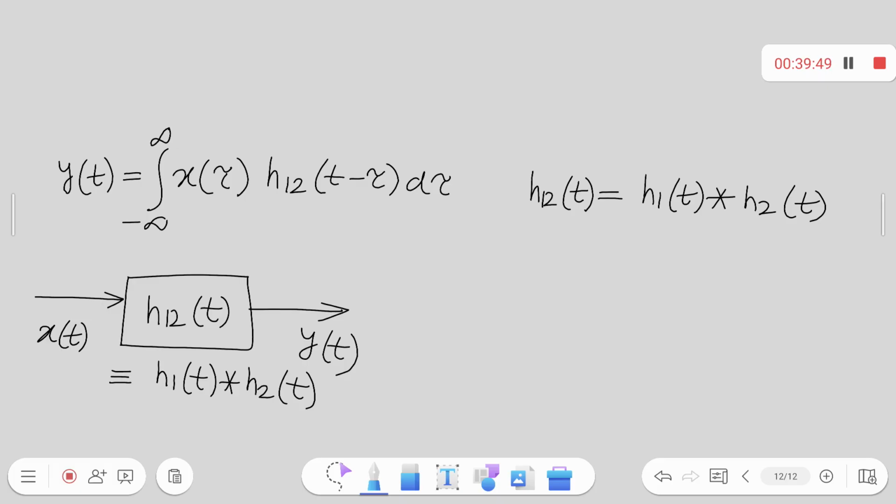A plus B is equal to B plus A, but A minus B is not equal to B minus A. Isn't it? So just like that, convolution is a commutative operation. A convolved with B is the same as B convolved with A. Right? So this is commutative in nature, as well as it is distributive in nature.